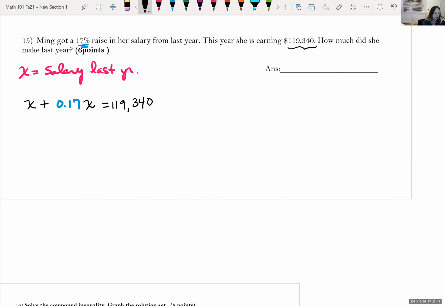So combining like terms, X plus 0.17X. Think of this X as 1.00X. Adding 1 to 0.17 is 1.17X, which is equal to 119,340. So to get X by itself, we want to divide both sides by 1.17.